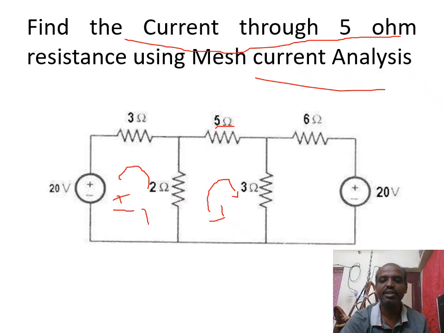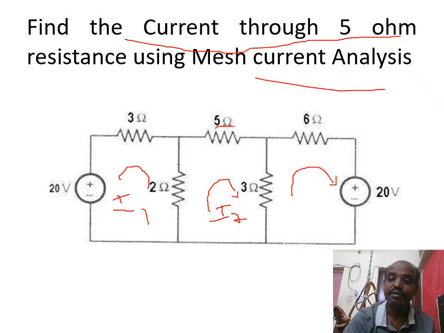This current will be I2, and this is the third loop, so the current direction will be clockwise, we are assuming that, and this current will be I3. So now we identify that there are three closed paths in this circuit.